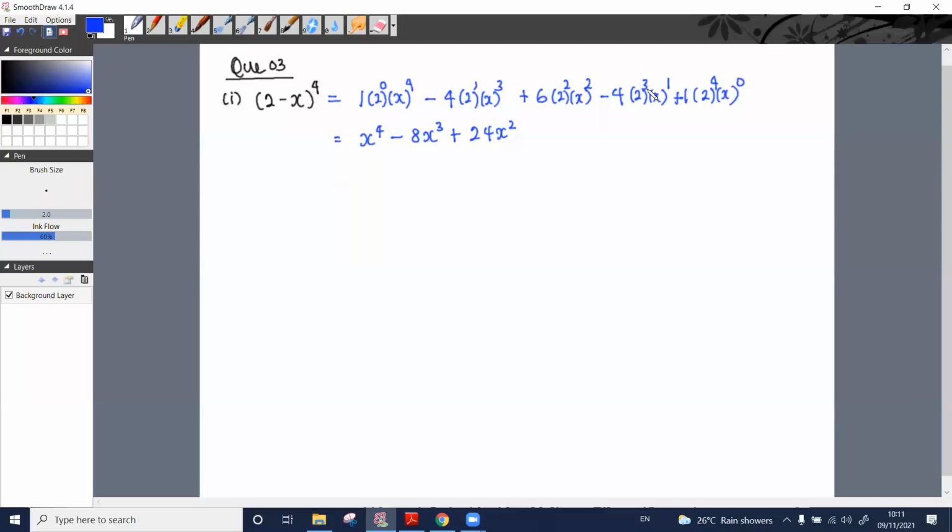Here 2 to the power 3 means 8, 8 into 4, that is minus 32x, and here it is plus 60. So this should be the answer for part 1. x to the power 4 minus 8x to the power 3 plus 24x squared minus 32x plus 60.